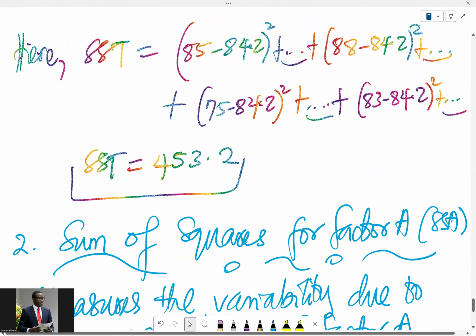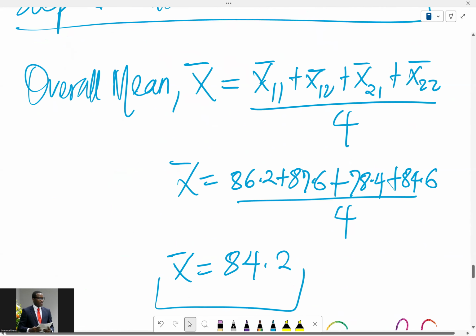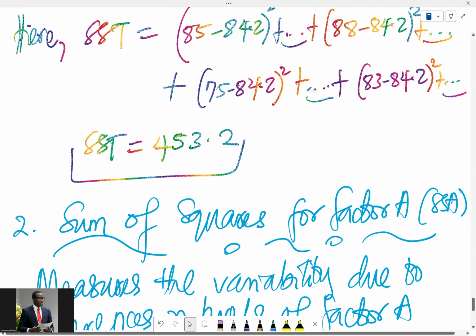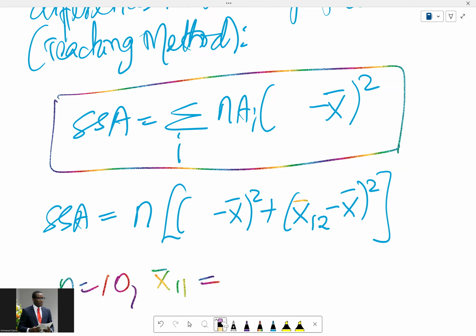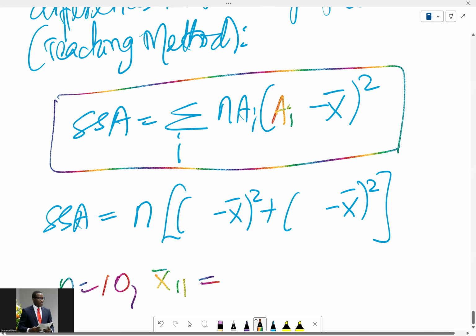It's important to use exactly what we used earlier, so let me follow what I did up there so you can follow easily. I called these A_i bar, so this is A1 bar and this is A2 bar.